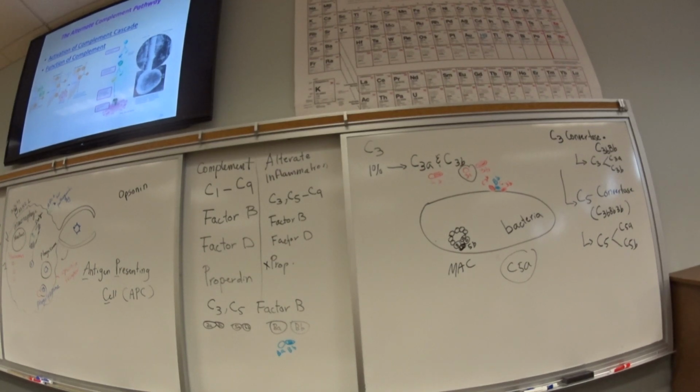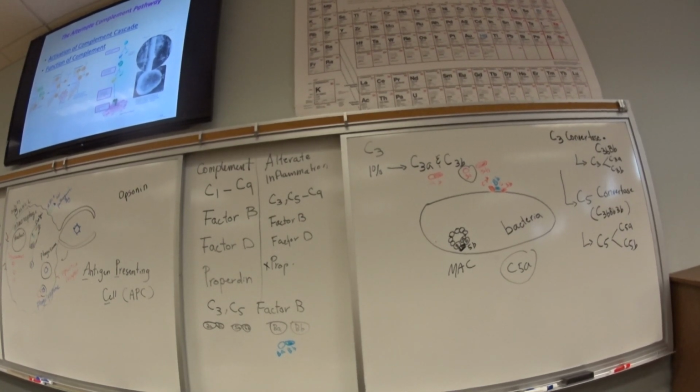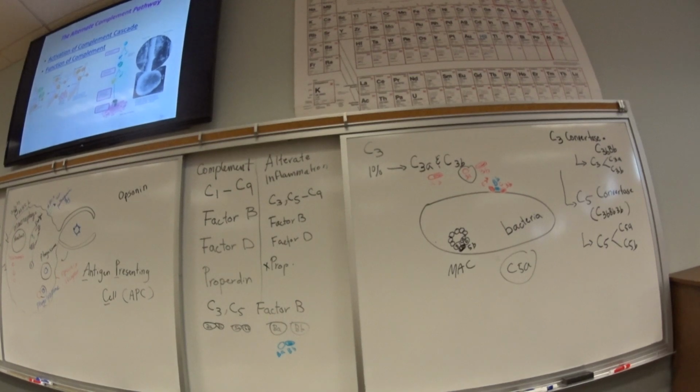That keeps that C3b activated. It's going to call factor B. Factor B and D together will come. Eventually, the B portion of the B protein will stay there. Together, these two make C3b-BB. That's a C3 convertase.